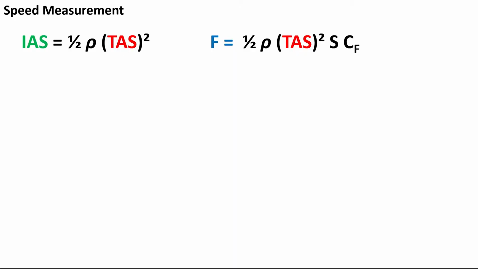And here, because we are speaking about the aerodynamic force generated in the air or by the air around that surface, I write V as TAS squared. So anyway, when we look at this, this equation looks a bit annoying because we can control the speed, but we can't control the density.